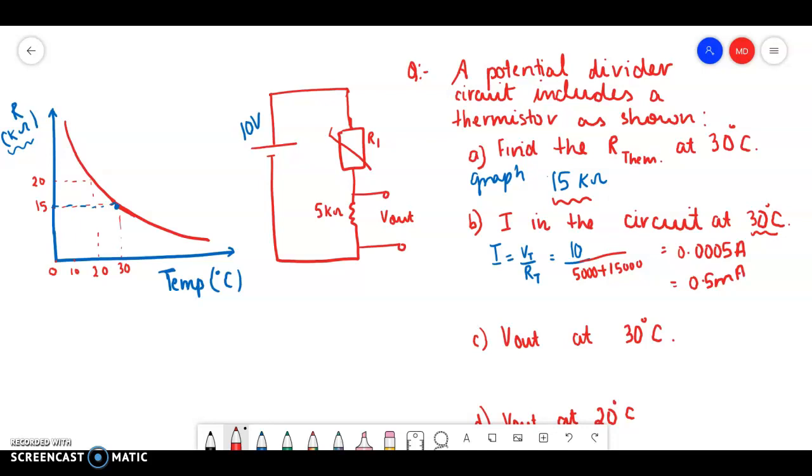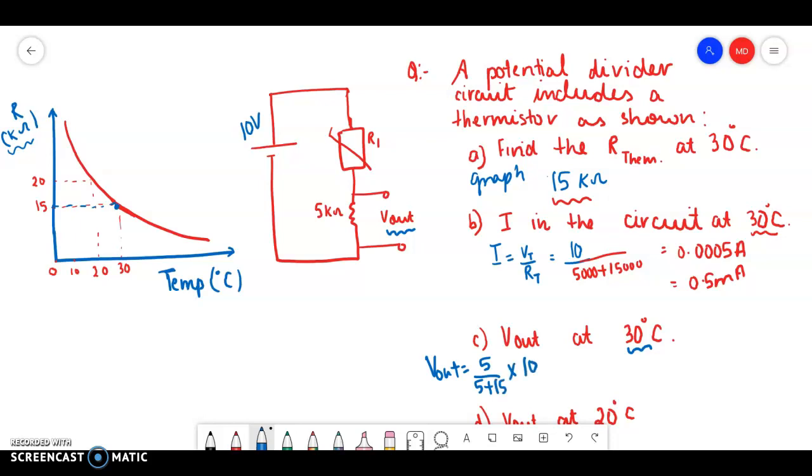Now we need to find the V output. Remember that short formula for V output that we calculated. Which resistance are we finding the V output across? 5 kilo ohms over the total. At 30 degrees, what's the total? 5 for the resistor, and the thermistor is 15, times the V input.